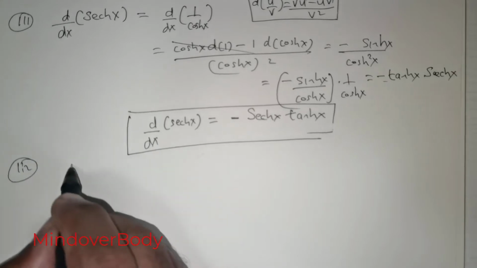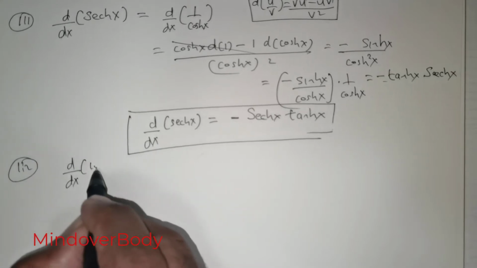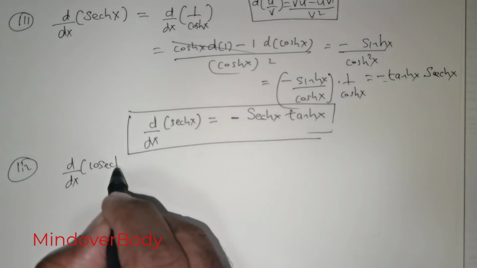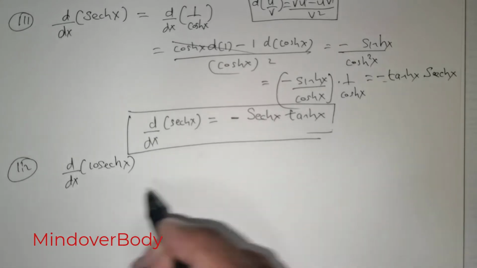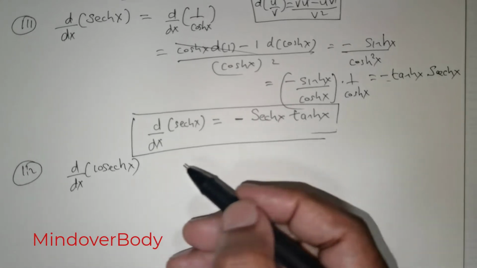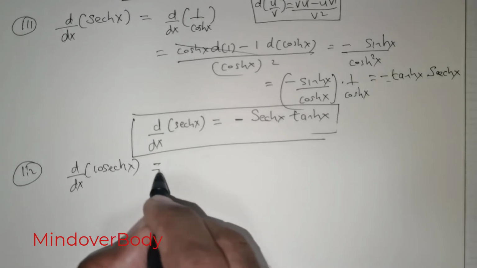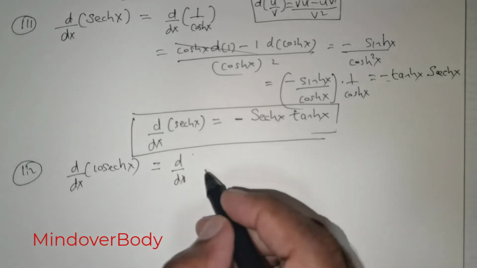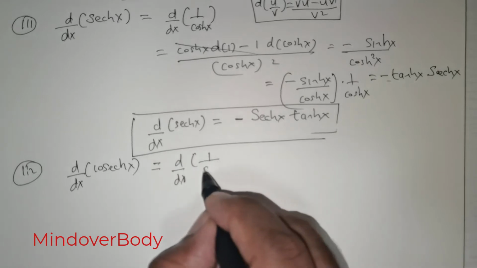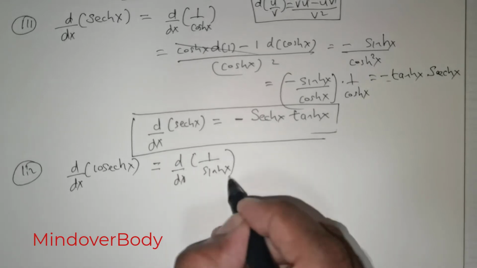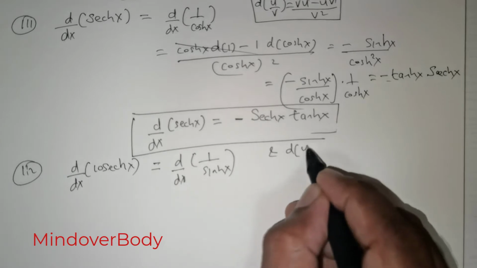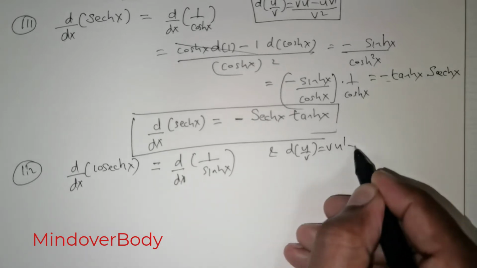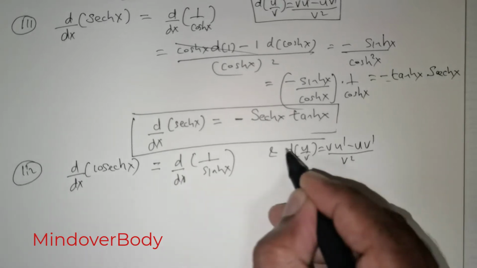So let us move on to 112. We would want to know what is the differentiation of hyperbolic cosecant x. So this is equal to d over dx of, I can write hyperbolic cosecant x as 1 over sinh x, and I can use the quotient rule, v times u dash minus u times v dash by v squared.